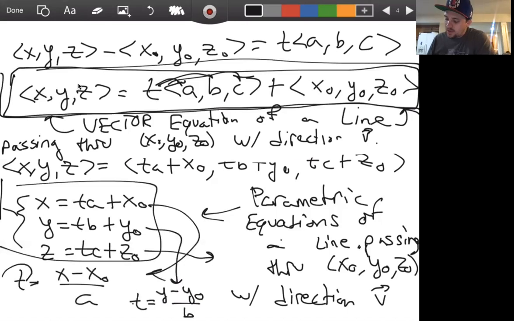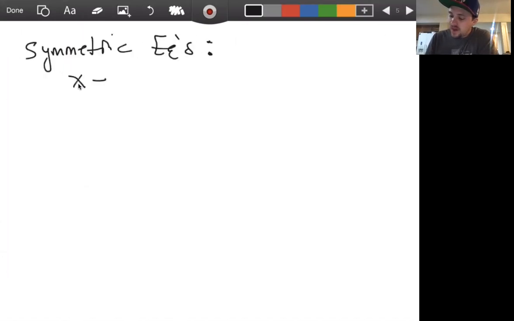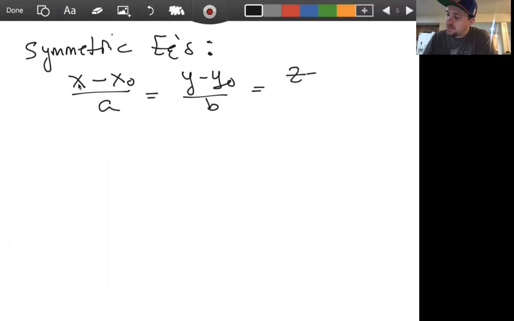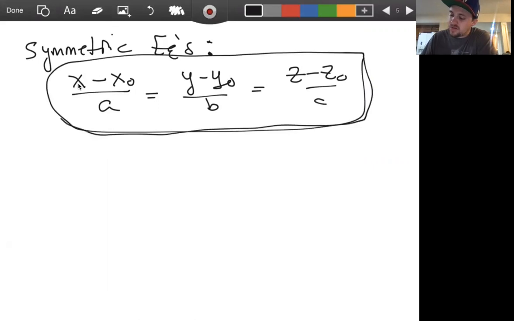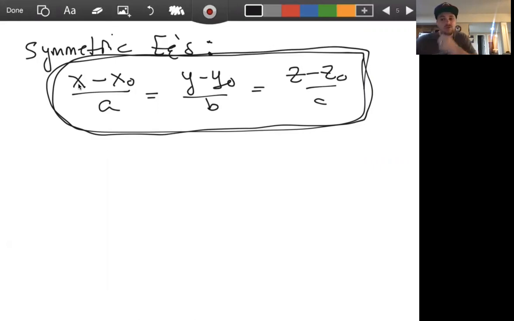Since this is all the same variable t, these are all equal: x minus x naught over a equals y minus y naught over b equals z minus z naught over c. You can see why this is called a symmetric equation, because there's symmetry between the variables. This is the third way to represent a line in three-dimensional space, just given a point that it passes through and a direction vector.